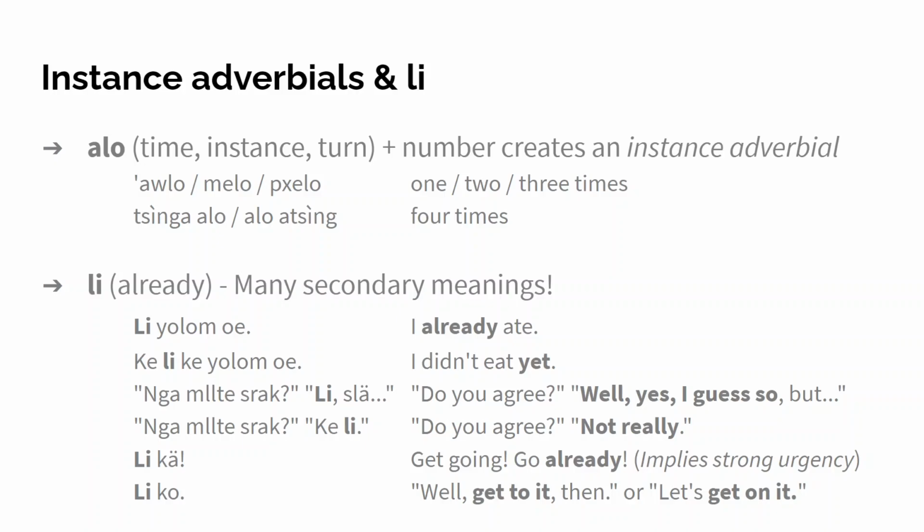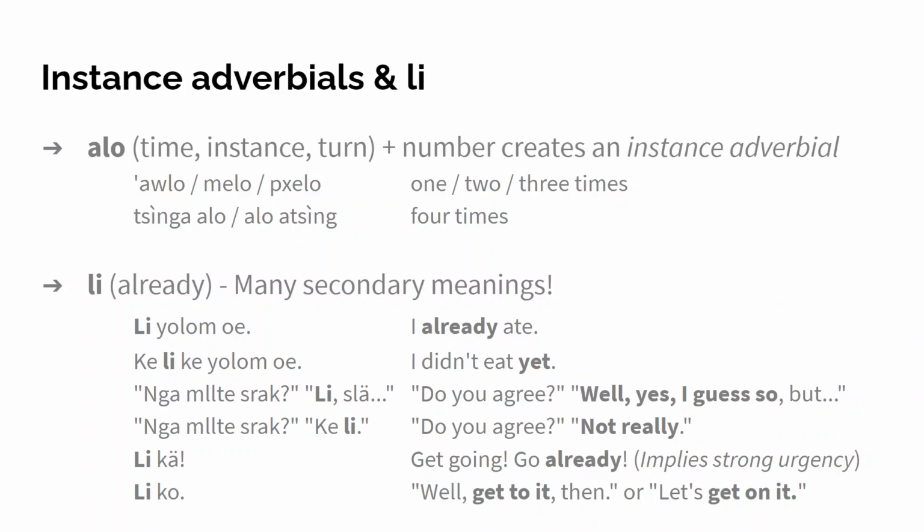Nga mildesrak, do you agree? And in such a case, you can use li as an answer. So li, sle. And if you use li as an answer to a yes or no question, then it means something like, well, yes, I guess. So a very hesitant yes. So in this case, li, sle, then yeah, I guess so, but. So yeah, like I said, it's basically a very hesitant yes.